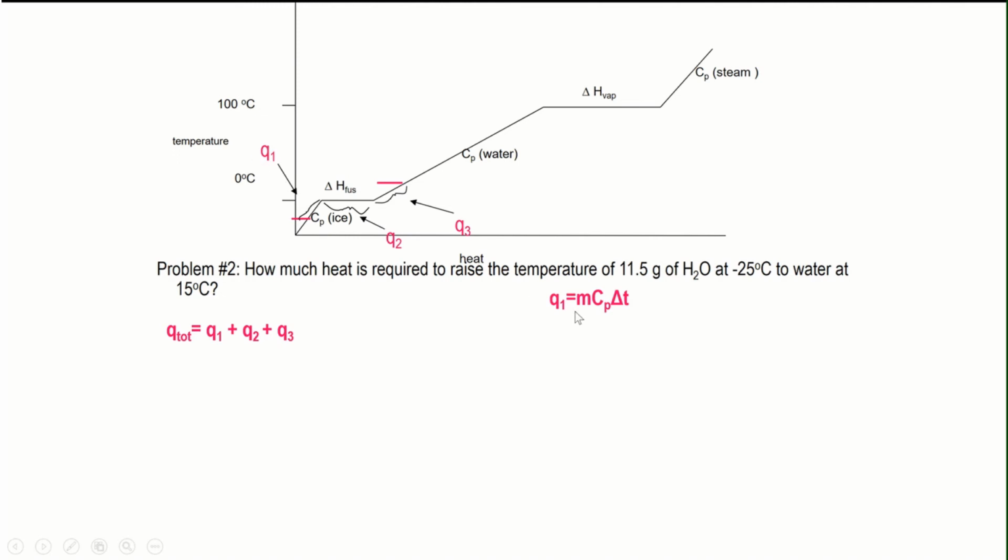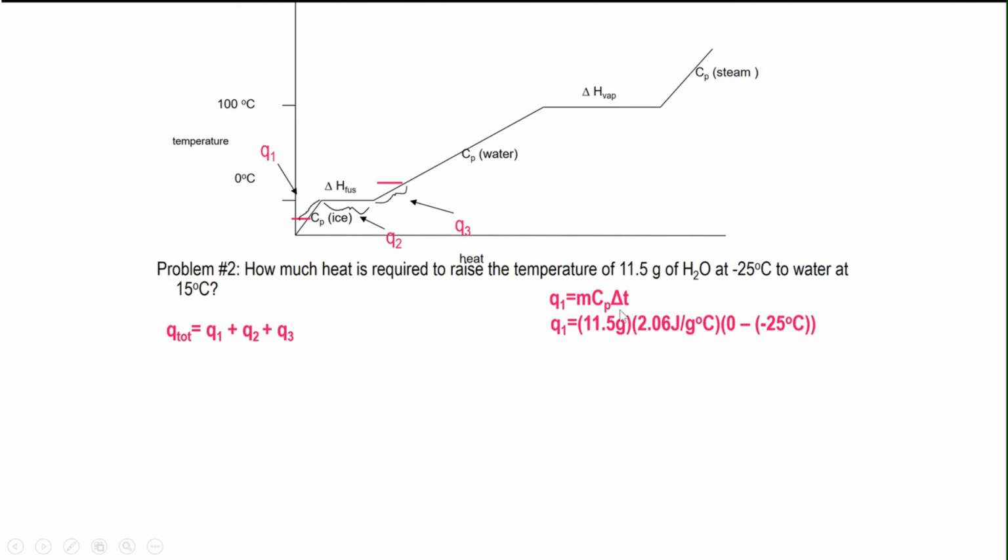My first Q will be found by the mass times specific heat of the ice times the change in temperature that I wish to make. So 11.5 grams. The CP of ice is 2.06, or I think I gave you 2.1 on the last page. Got 3 digits here, so this one's probably better. And then my change of temperature, watch out for this. We can only take ice up to 0 degrees.